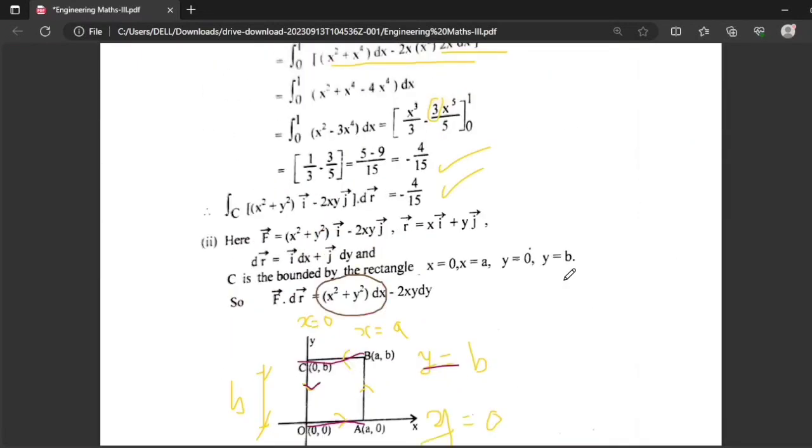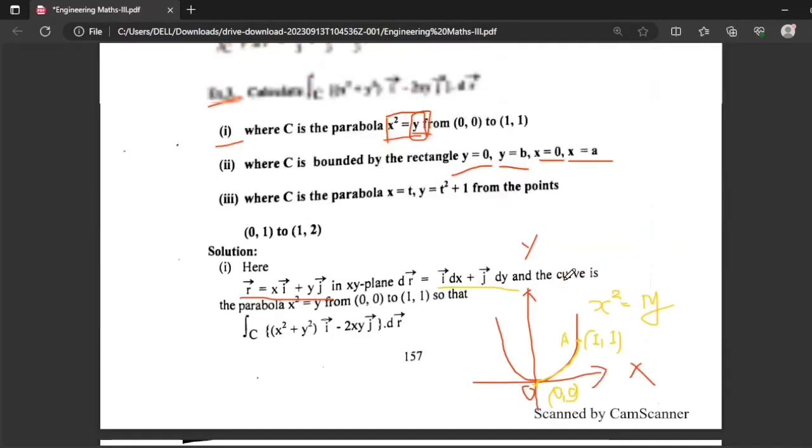And this third one is the parabola in parametric form. So x equals t and y equals t square plus 1. By using this, y equals t square plus 1, where t is x, so t square is the same thing as x square, so the remaining is plus 1.